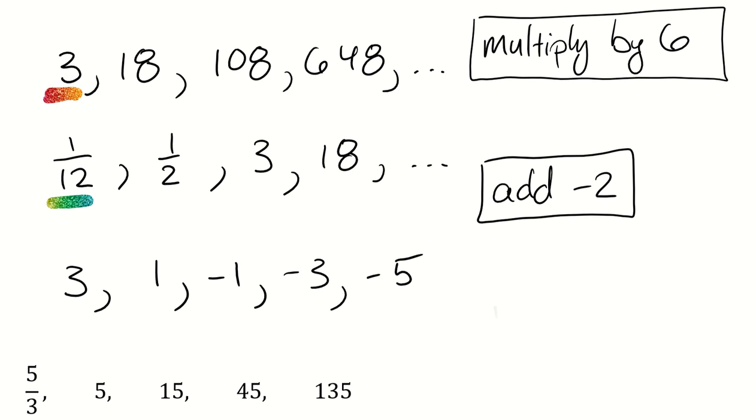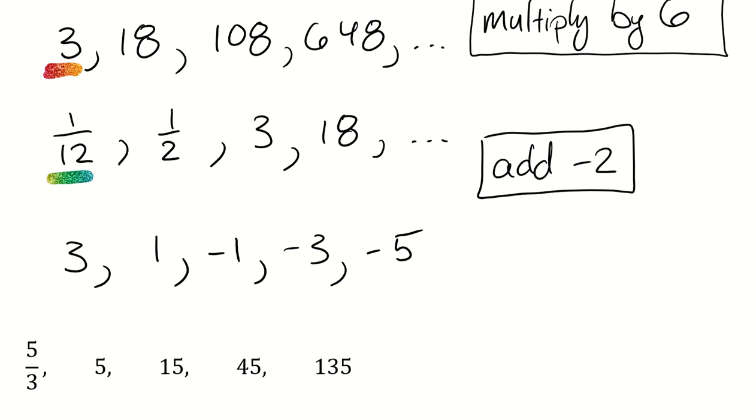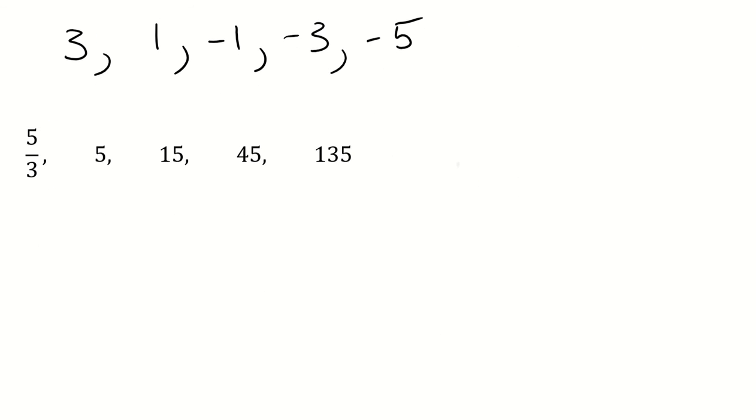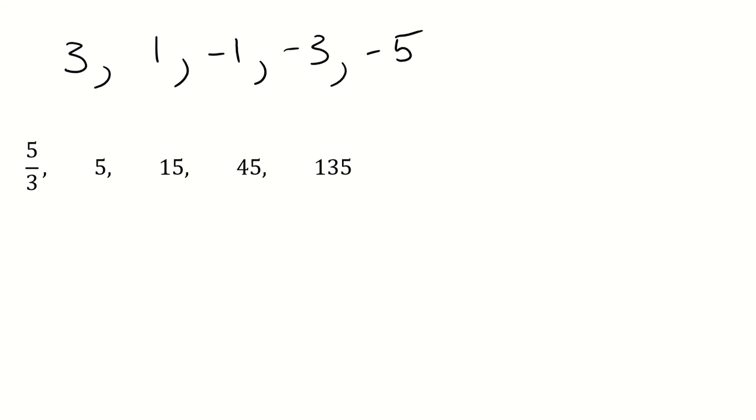We were looking at sequences yesterday, and we're going to look at some on the next slide that you need to organize. But here is a sequence. It starts with 5/3, and it goes to 5, and then 15, and then 45, and then 135. The distance between the numbers is getting larger each time, so I'm going to assume that it's not adding the same thing each time. I think this is a geometric sequence.